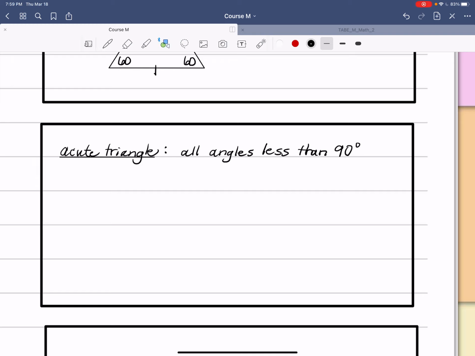Like the one I just drew. Only let's turn it upside down and see what we come up with. 60, 60, 60. Those are all acute angles. So that is an acute triangle.